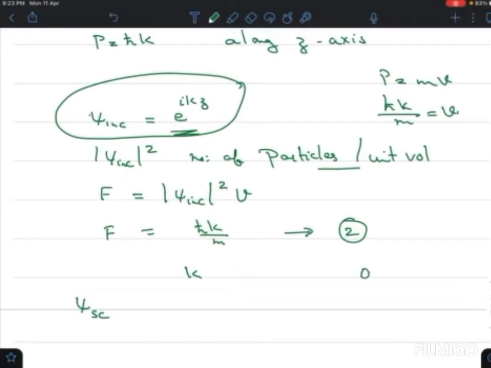It will hit the target, and you should be reminded that we considered a cone-like structure. So we can say that it is a spherical wave. Here the incident wave is a plane wave, whereas psi scattered is a spherical wave, which means that it is moving radially outwards. These spherical waves, we know, are represented by e raised to i k r and also e raised to minus i k r.